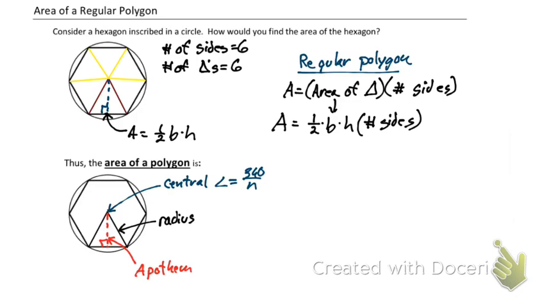Now the other thing I'm going to note is the base. We don't call it the base. We call this the side length. So although a lot of times we'll have the area equals 1/2 base times height, recall that your base is actually your side length, and your height is going to be called an apothem.